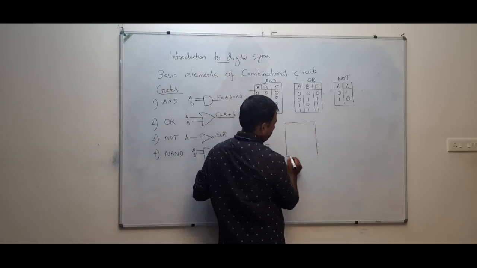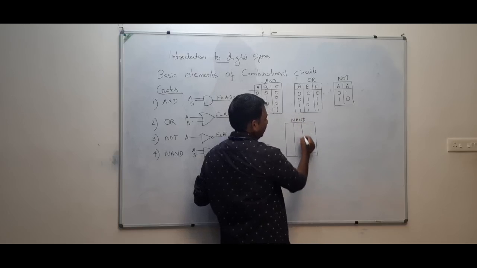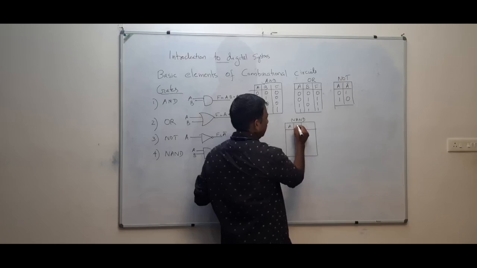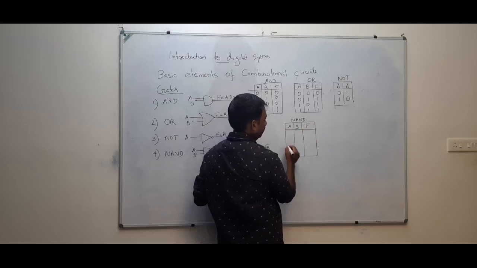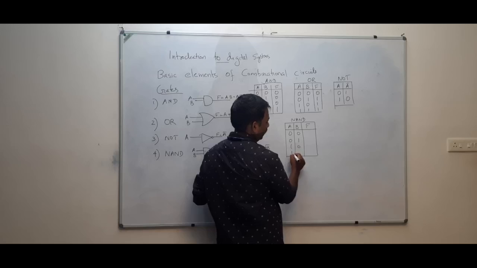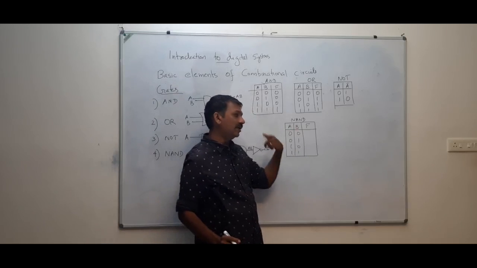The truth table for NAND is like this. A, B, and F, A NAND B. That means 0 0, 0 1, 1 0, 1 1. You have to multiply AB and then take the complement.